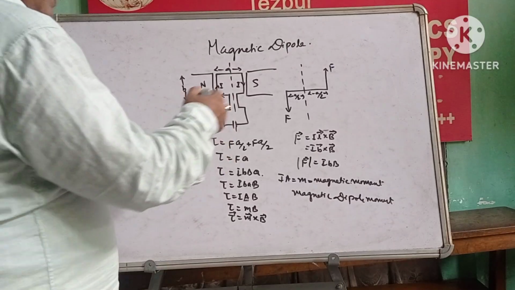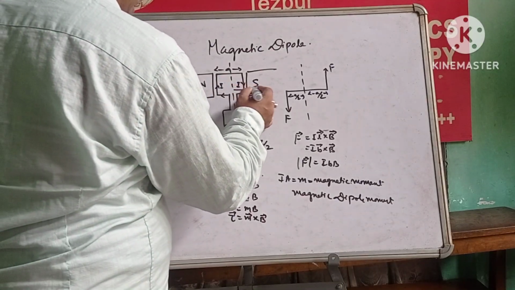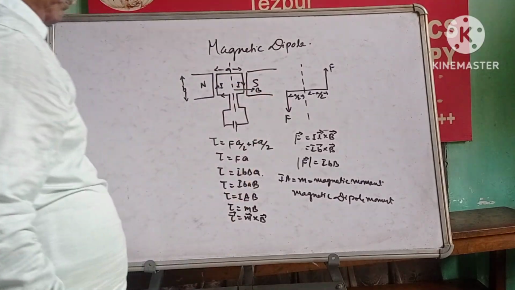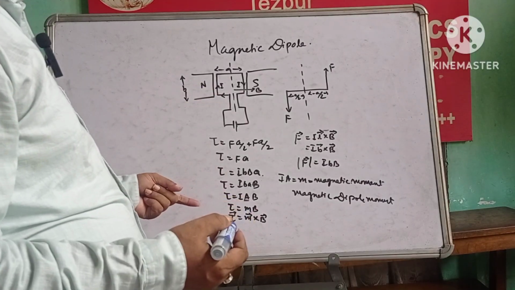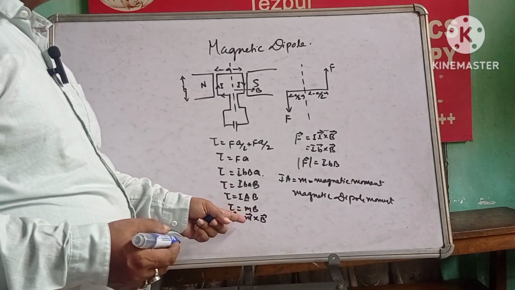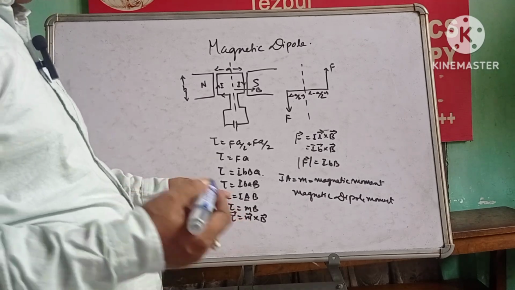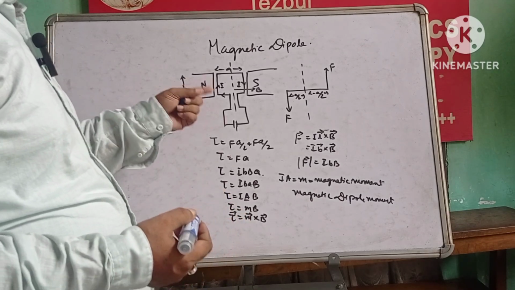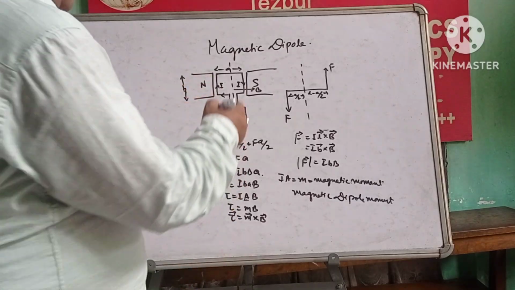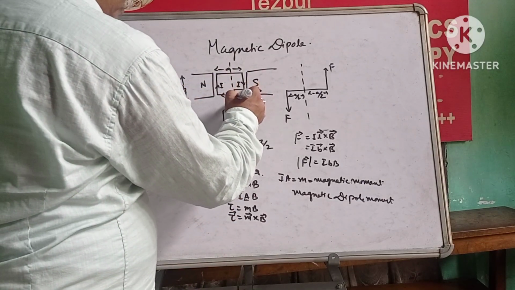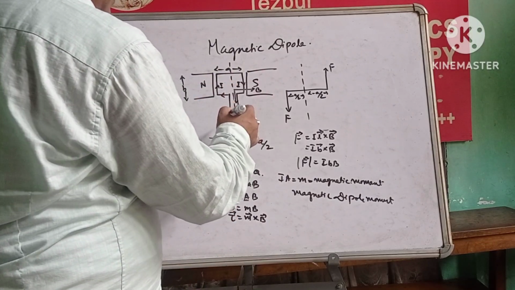So here you see the magnetic field direction. Since the direction of the area is the direction of the magnetic dipole moment, and that area is perpendicular to the surface, it is 2D.